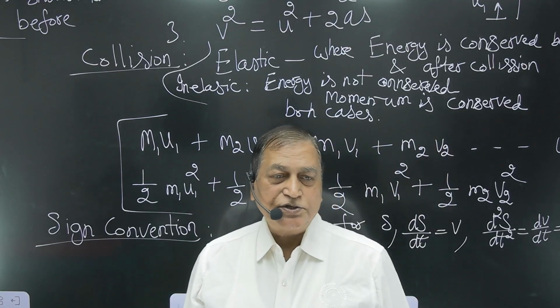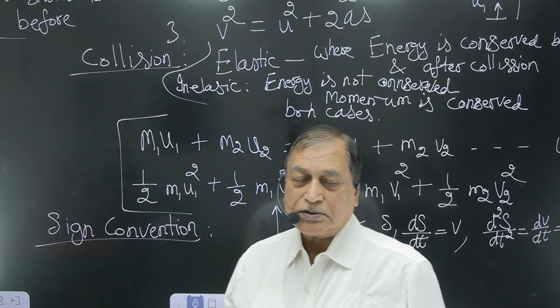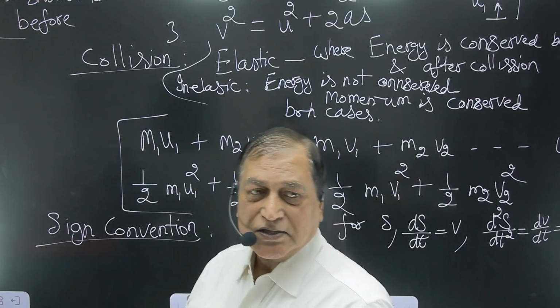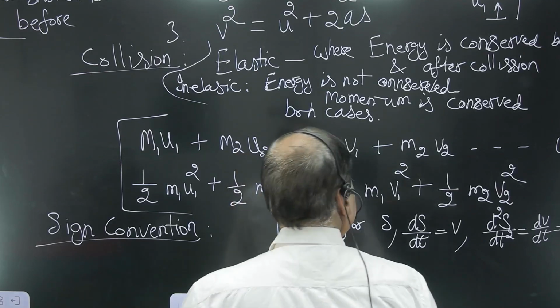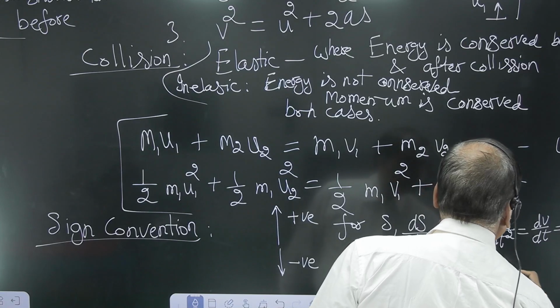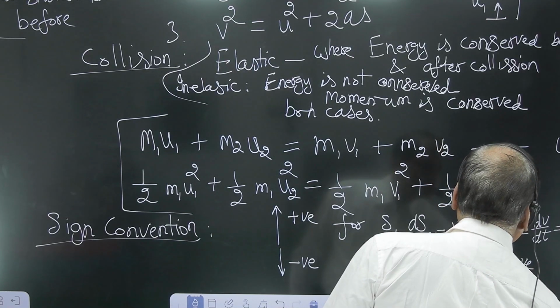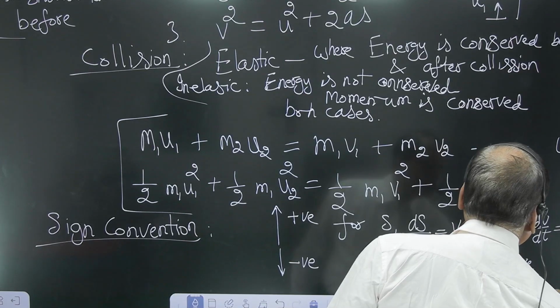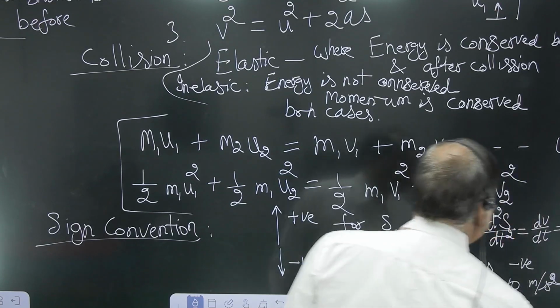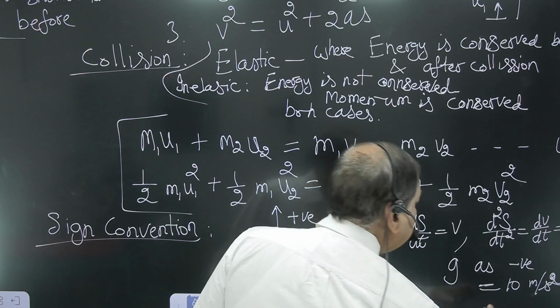That is acceleration due to gravity, and it always acts downwards. That means in such problems we always take g as negative, usually equal to 10 meter per second square for ease of calculation instead of taking 9.81.